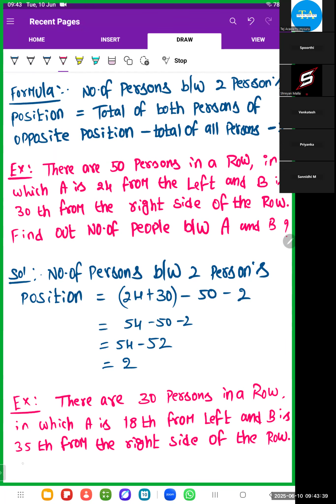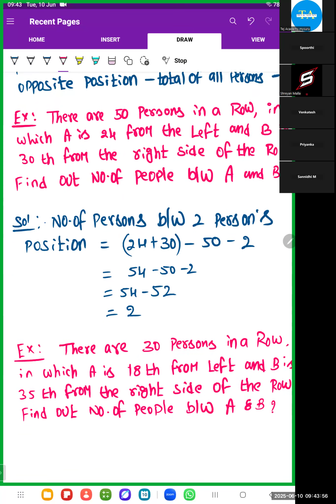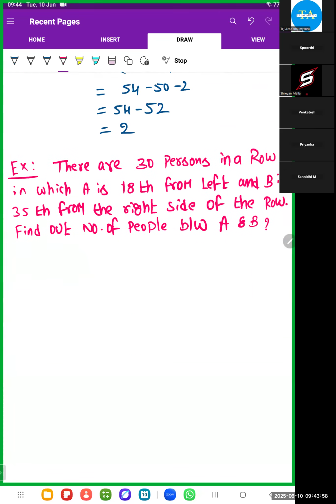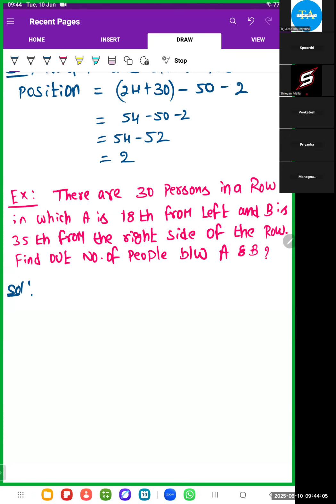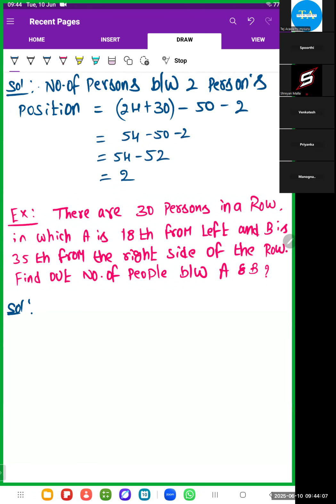So find out the number of people between A and B. As you know the formula. 21, sir.